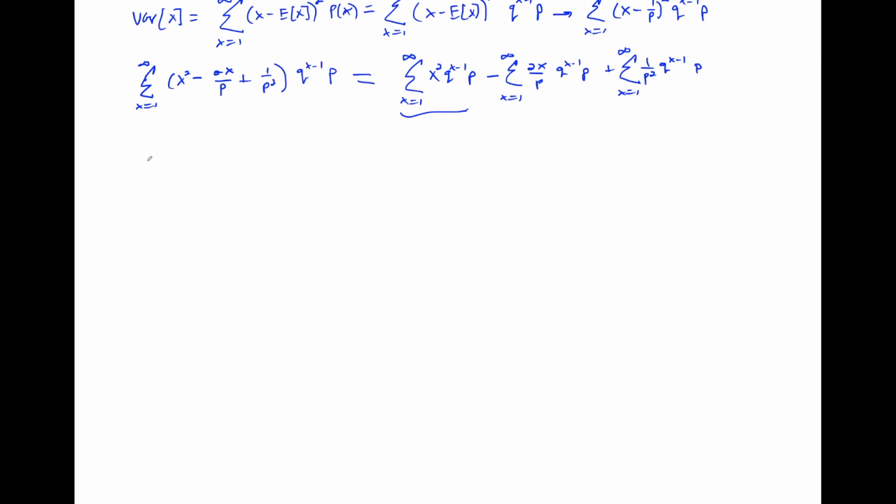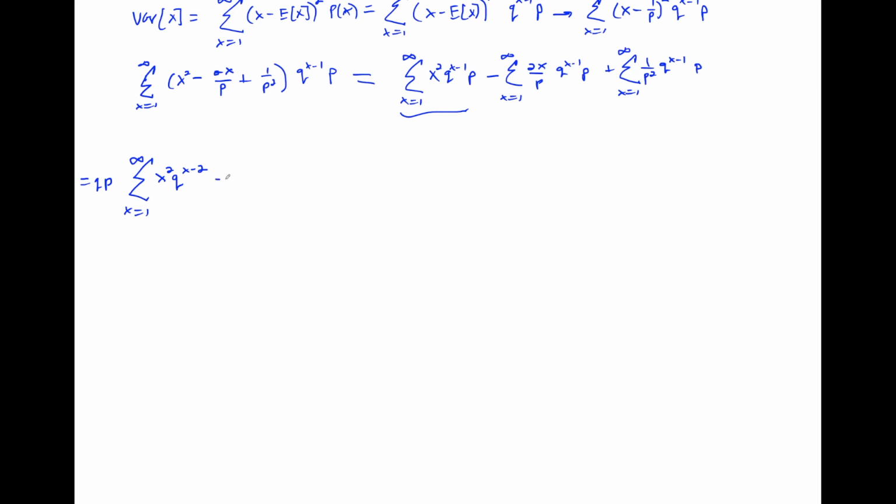So we're going to take that first term, factor out a p, factor out a q, so we're going to write q times p, the sum x goes from 1 to infinity of x squared times q to the x minus 2 power.